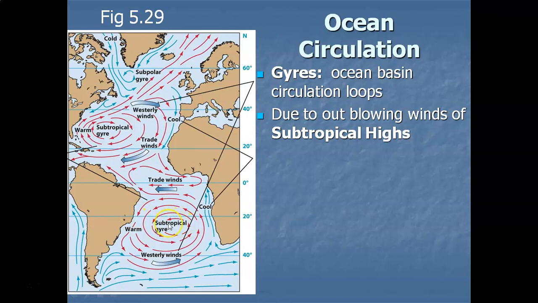And now remember, you've got to remember the direction of the circulation of high pressure in the northern and southern hemisphere. We know that the winds are always outblowing. It is kind of critical that outblowing winds can actually start the ocean to stir, all right? And it's always going to stir in the direction of the circulation of the high. And so in the northern hemisphere, we know that high pressure moves in a clockwise manner.